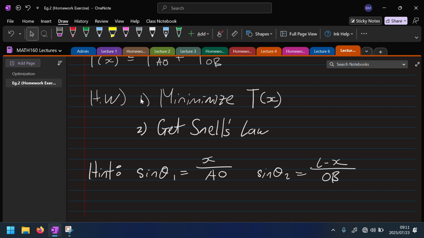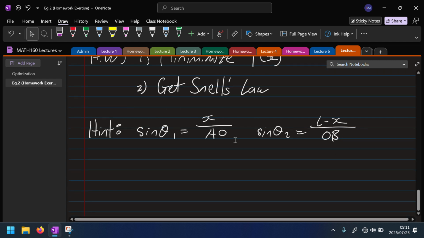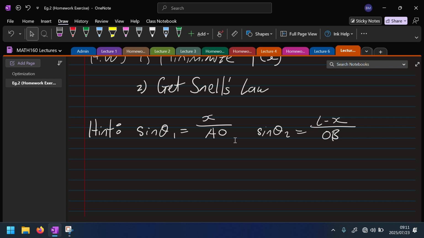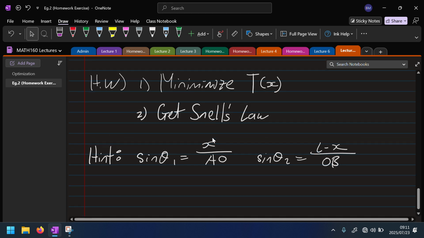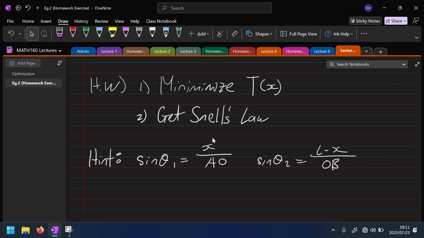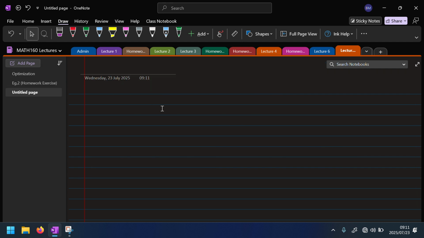When you see the L minus x over OB, you put your sine theta 2, and you should get Snell's law. If you don't, you've done something wrong. So you just do the replacement. x over AO, you replace with that. L minus x over OB, you replace with that, and you'll see Snell's law there. All right. Any other questions before we move on? All good. Okay. Let's have a look at some more problems.